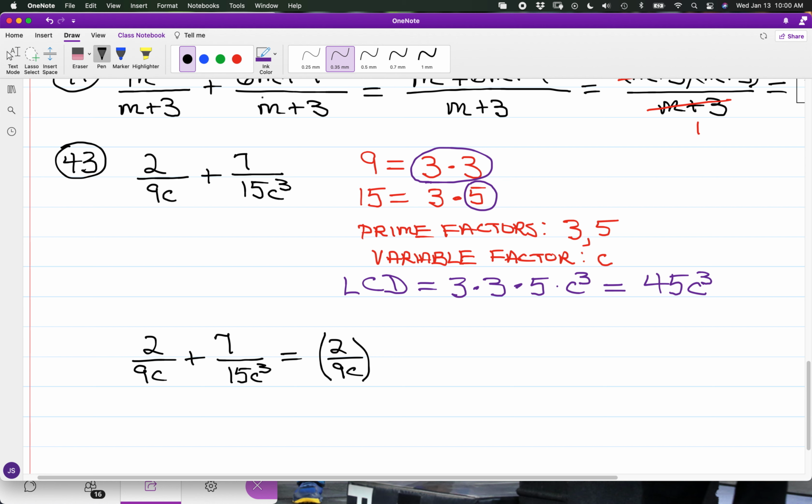So I have 2 over 9 times c. If I take 9 into 45, this will be 5. And c into c cubed is going to be c squared. So the first ratio is going to be multiplied by 1 in the form of 5c squared over itself.